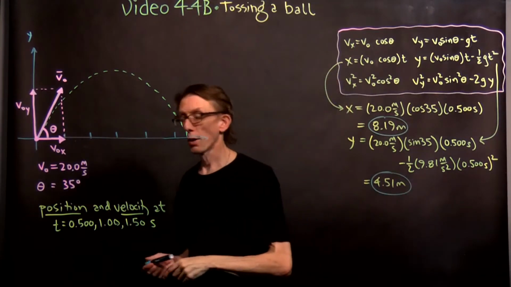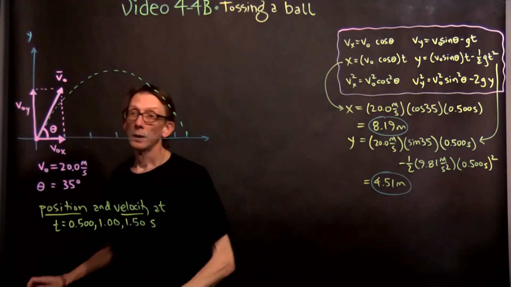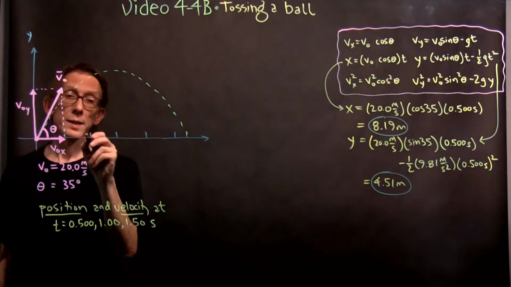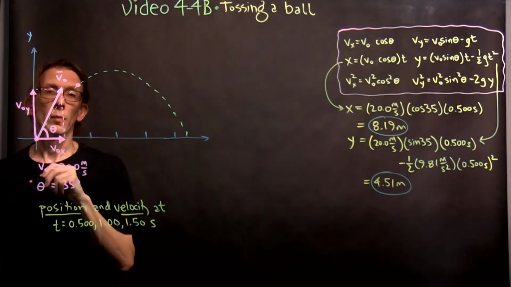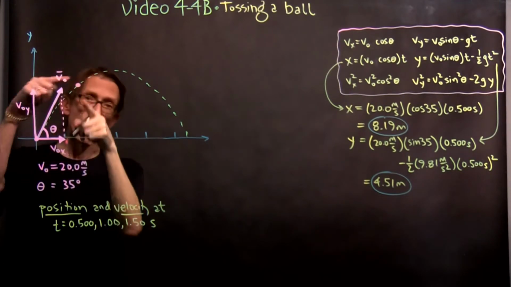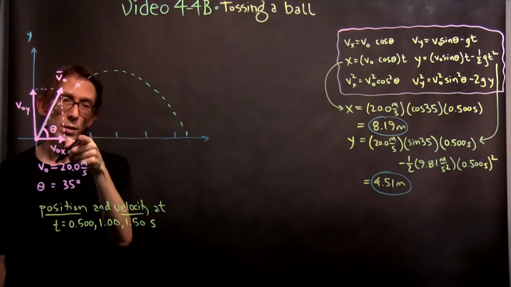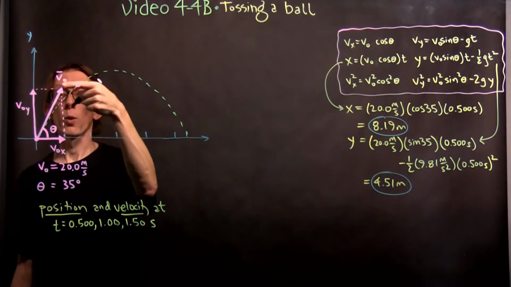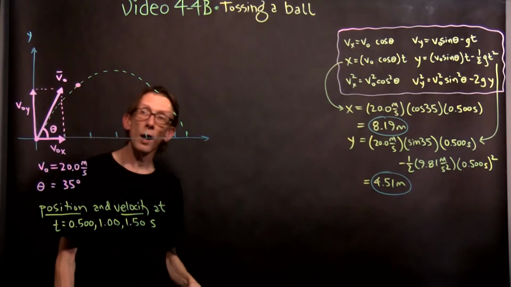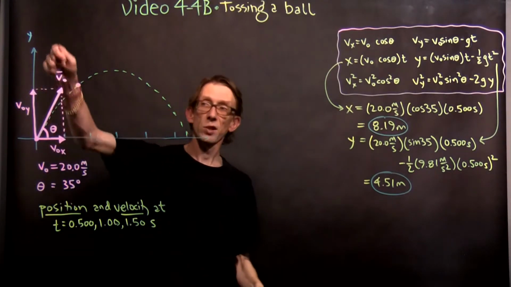So here in this picture, X is 8 about here, so the ball is going to be about right here. I'm not going to draw all of it, but this X location here is about 8.19, and this height here is about 4.51. This is not quite to scale. The vertical axis is stretched out a little bit.